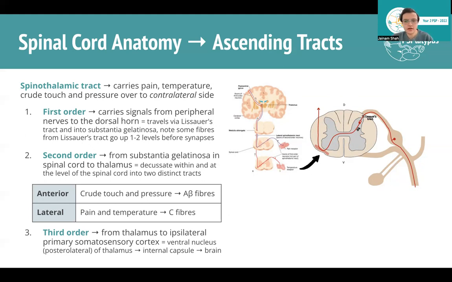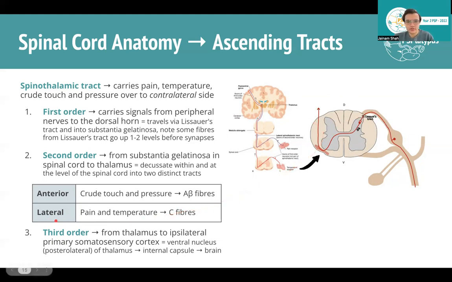The second order neuron then goes from that substantia gelatinosa through to the spinal cord. It crosses over, so it decussates within the spinal cord at that level. And then it travels up to the thalamus, but through two different tracts. You have an anterior and a lateral tract. The anterior spinothalamic tract, sometimes called the anterolateral spinothalamic tract, carries crude touch and pressure through A beta fibers.